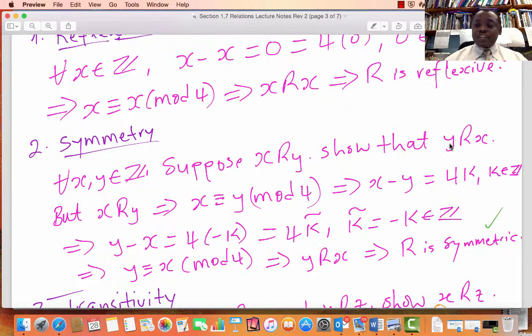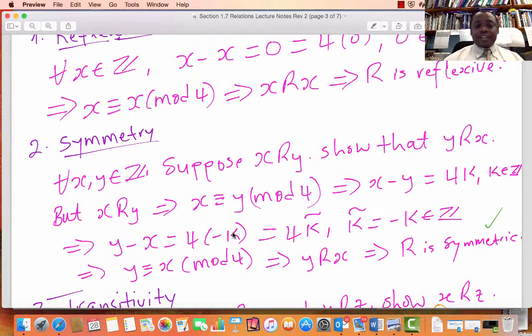I want to prove that y is related to x, i.e., at the back of my mind, I want to prove that y minus x equals 4 times some k. But what I have here is x minus y equals 4k. Multiply this all through by -1, and that gives us y minus x equals 4 times -k.